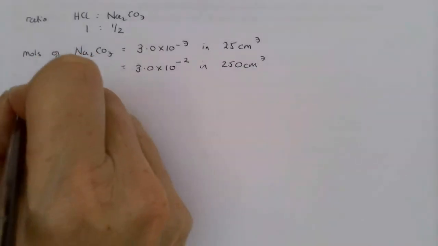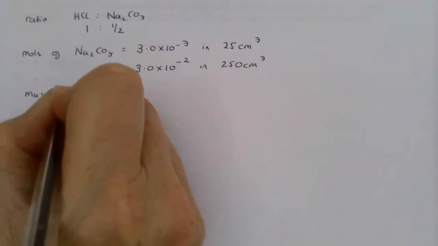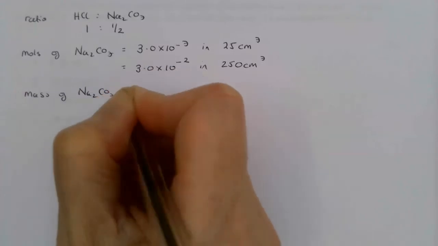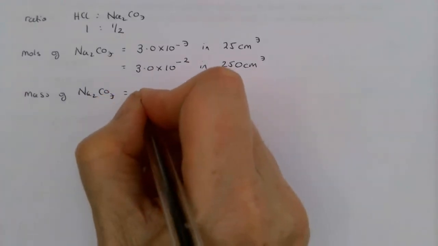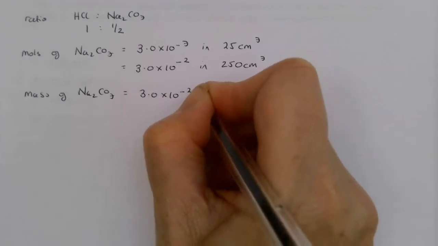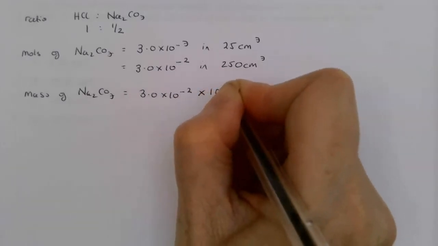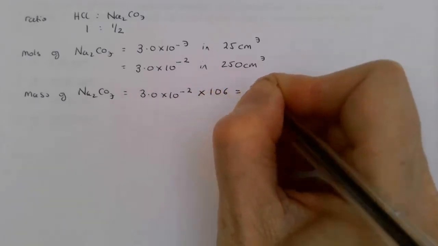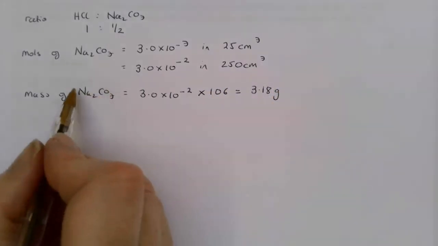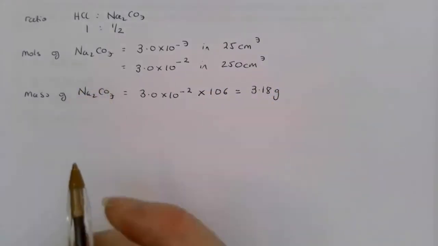So as the first part of the question answered, I now know the number of moles present in the 250. To find the mass of my sodium carbonate in that 250, I'm just going to take that 3.0 times 10 to the minus 2, and I'm going to times it by the RMM, which is 106, and that gives me 3.18 grams of the Na2CO3.